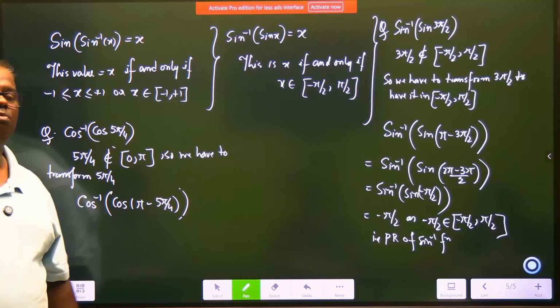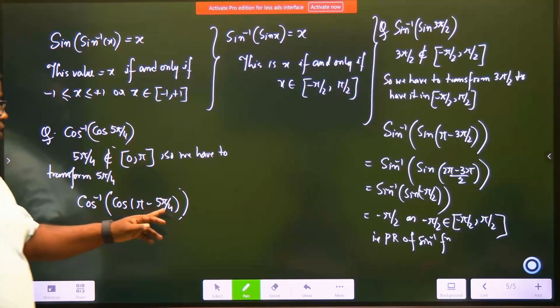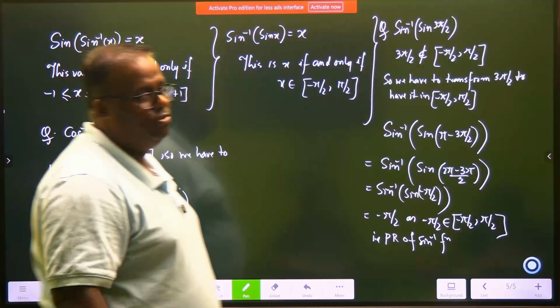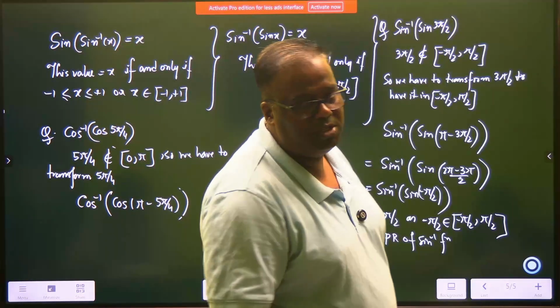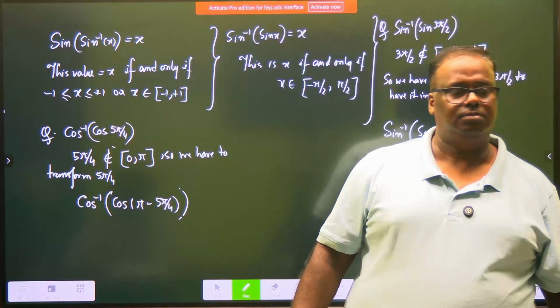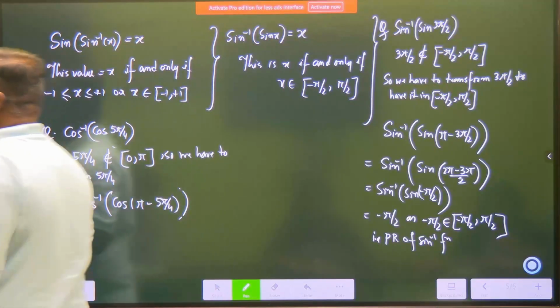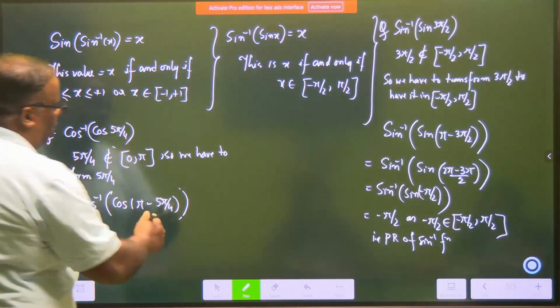Negative pi by 4, means 0 to negative pi by 4. This will be how much? 4 pi minus 5 pi will make it how much? First check whether this function is doing your job or not.